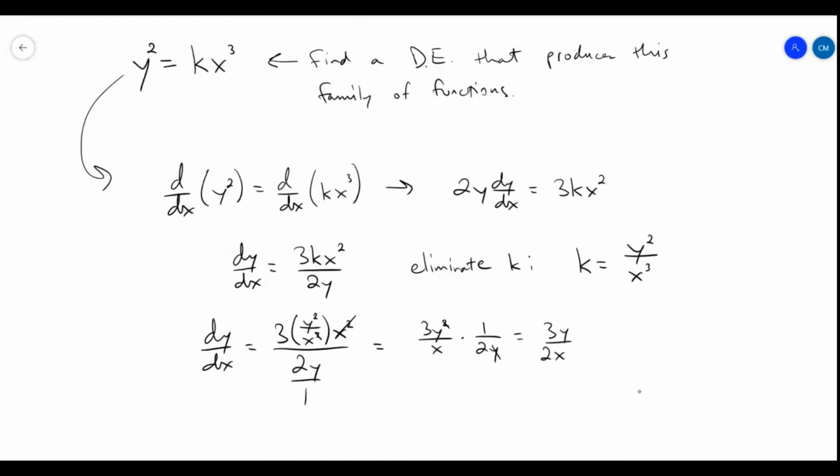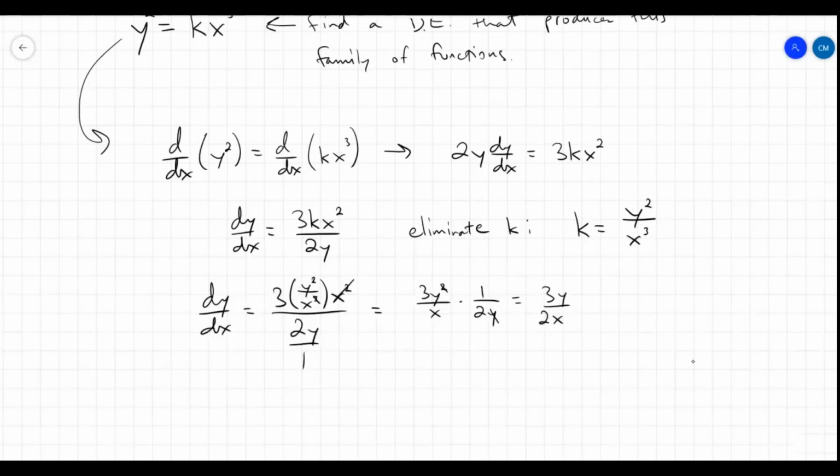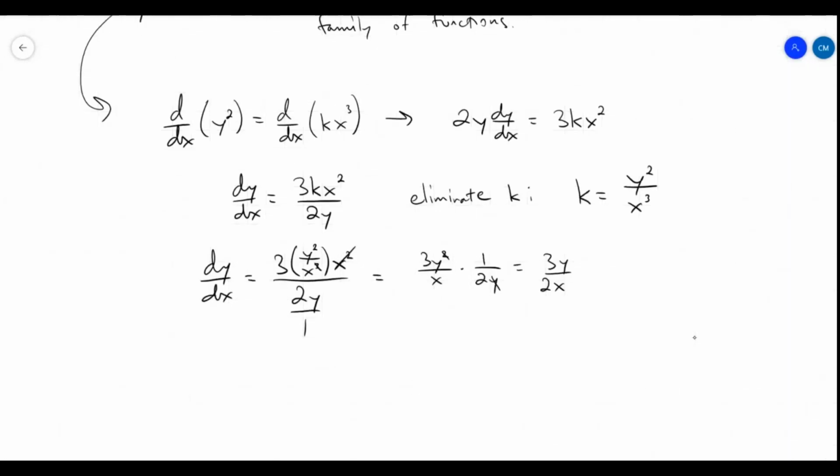Okay, everybody see kind of what I did there? I differentiated both sides with respect to x, and then solved for dy/dx, and then eliminated k by going back to the original equation, solving it for k, and plugging it in, okay? And so what I have now is this. I've got a differential equation, dy/dx on the left side is equal to 3y over 2x.